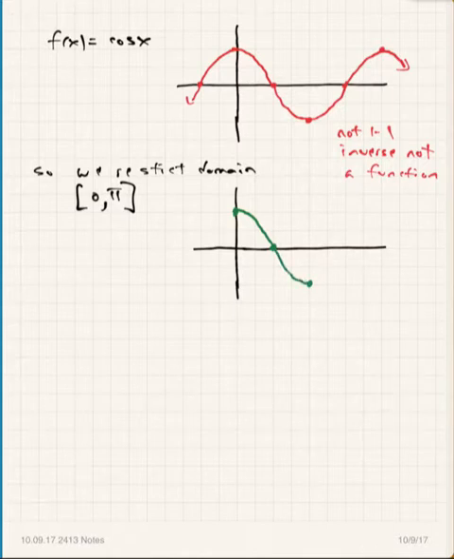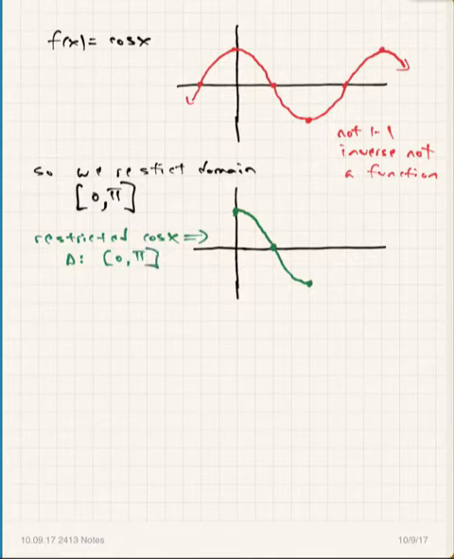By the way, notice that that's a falling piece right there, and so its derivative is going to have to be negative. So this is the restricted cosine graph. Looks like that. And so what's the domain on that? It is from 0 to pi. And the range would be from -1 to 1.